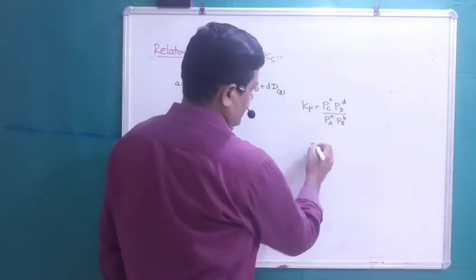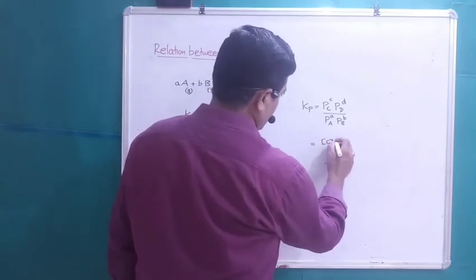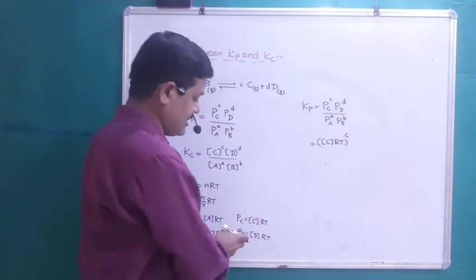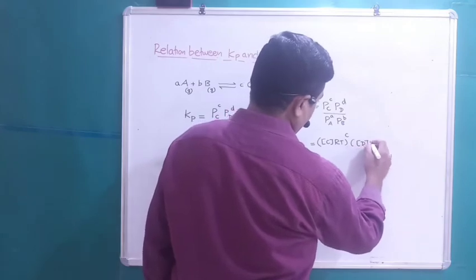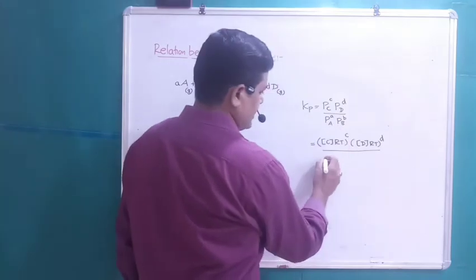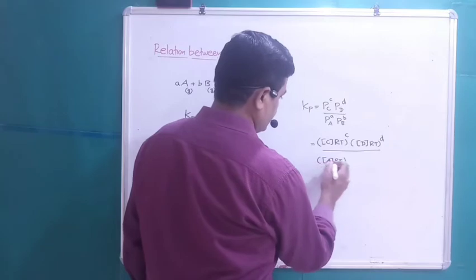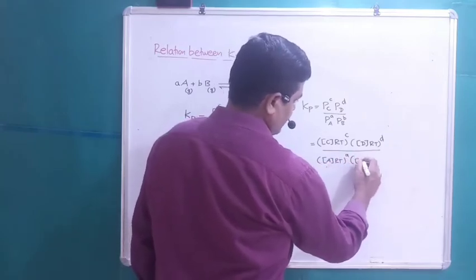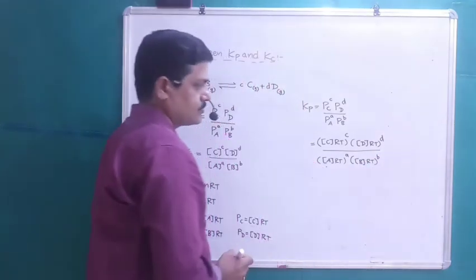So Kp is equal to active mass of C into RT whole power c. Similarly, Pd we can write as active mass of D multiplied by RT whole power d, divided by Pa, which is active mass of A into RT whole power a, multiplied by active mass of B multiplied by RT whole power b.